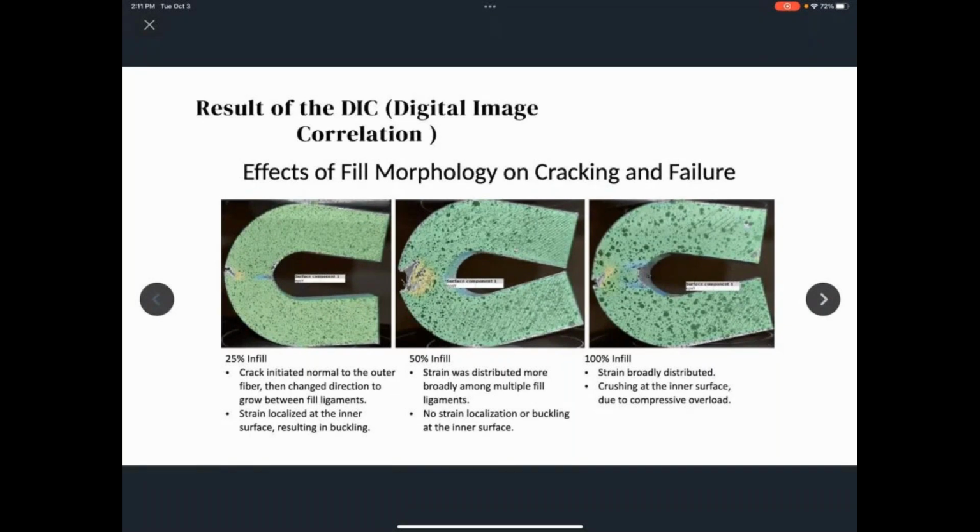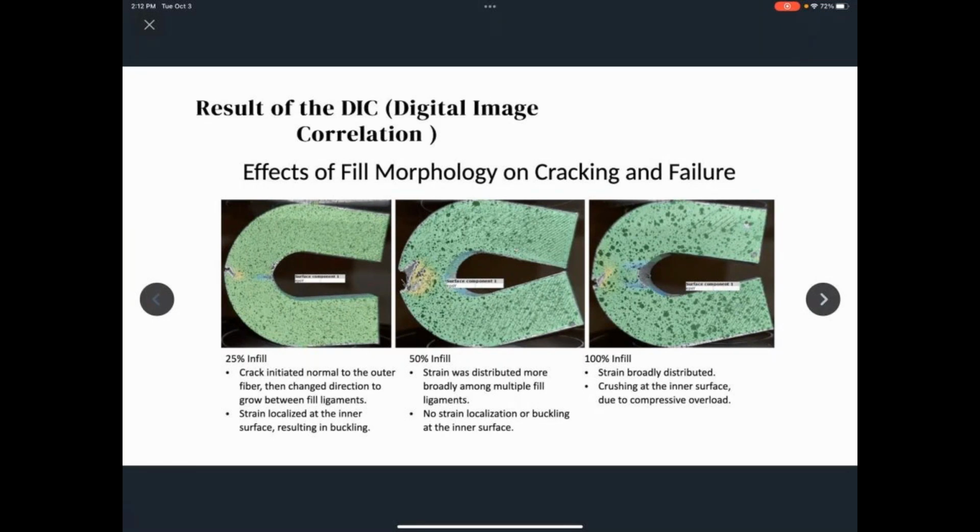And finally, for the 100% infill, the strain was distributed broadly, crushing at the inner surface due to the compressive overload. The 100% from our compression test exhibited more force and can handle more force compared to the 50% infill and 25% infill.